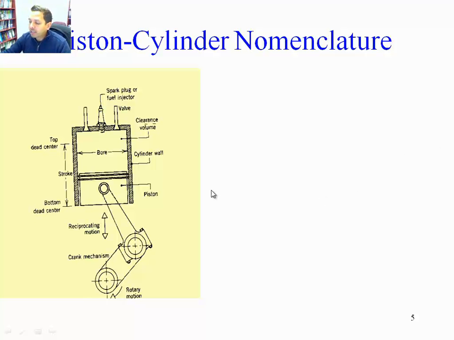This is the nomenclature that we're going to be using for the piston cylinder assembly, which is where all internal combustion engine processes take place. The bore is basically the internal diameter of the cylinder. The piston moves from what's called the bottom dead center to the top dead center.